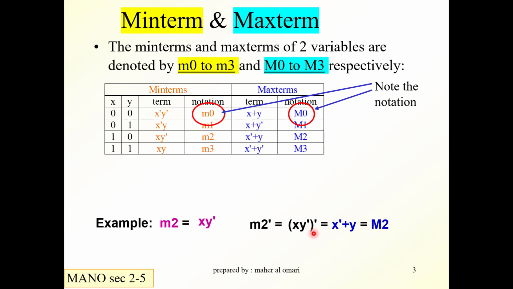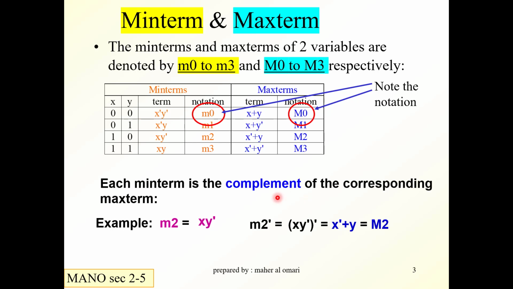Using De Morgan's theorem, then this is equal to x bar or y. And this actually is this part, which is the max term M2. So the minterms and the max terms are the complement of each other. M2 as a max term is the complement of m2 as a minterm.